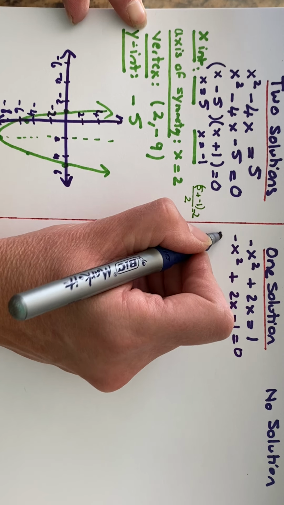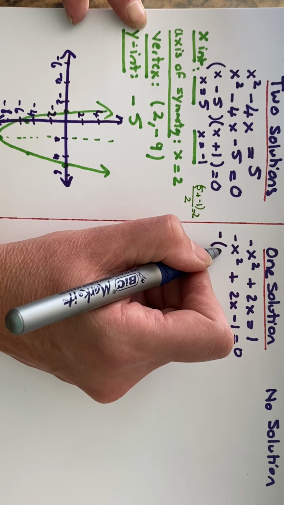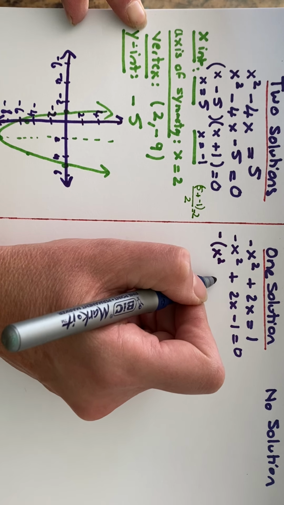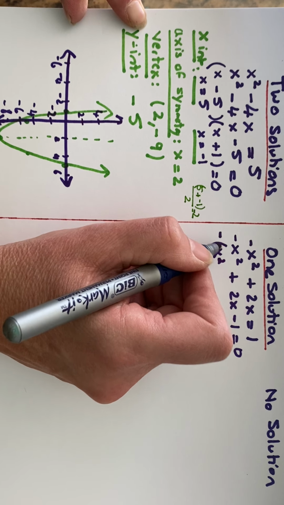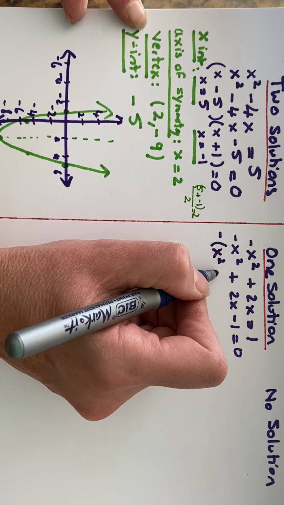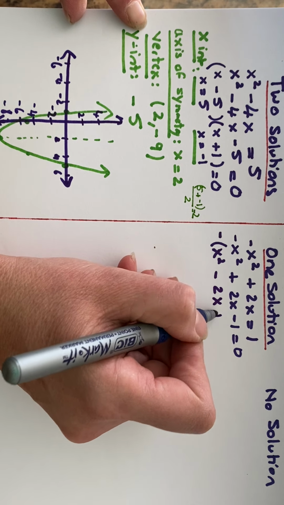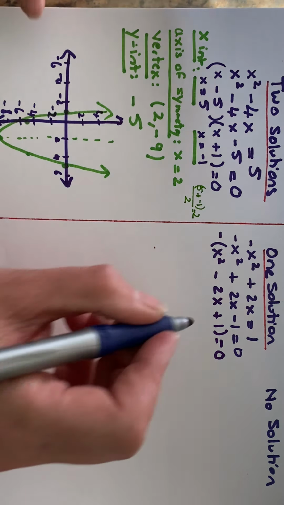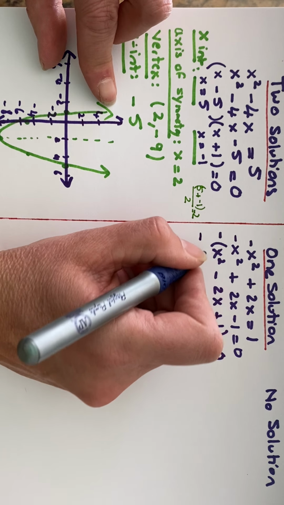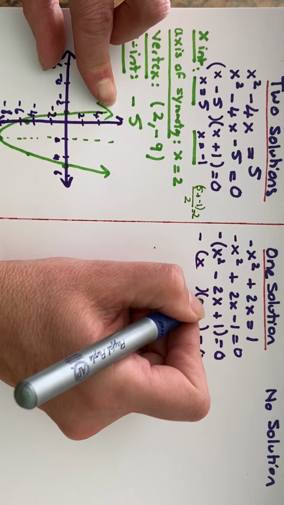And my next step is going to be to factor, but before I factor all the way, I have to factor out a -1. So I have to add this little step. And to do that, I have to change all the signs inside, right? So if I factor out a -1, this -x² becomes positive. This positive 2x becomes negative, and then -1 becomes positive. Now I am ready to factor this and see if I can get my x-intercepts.